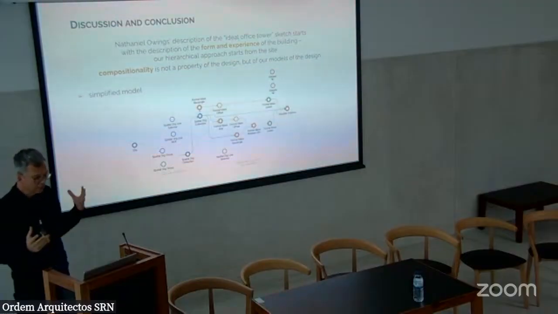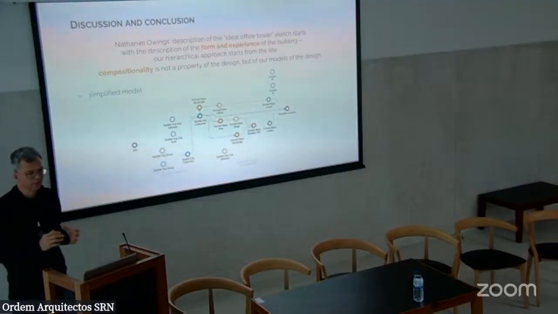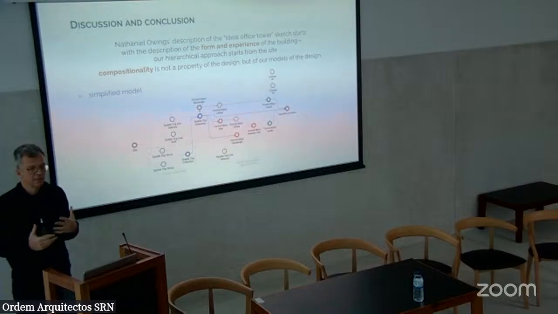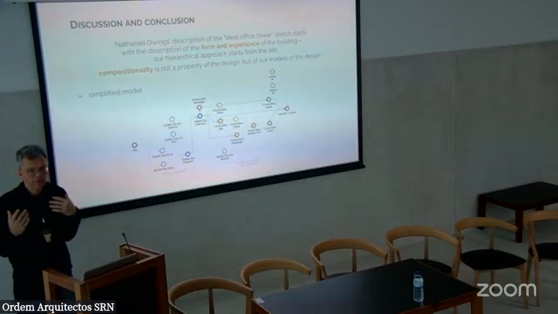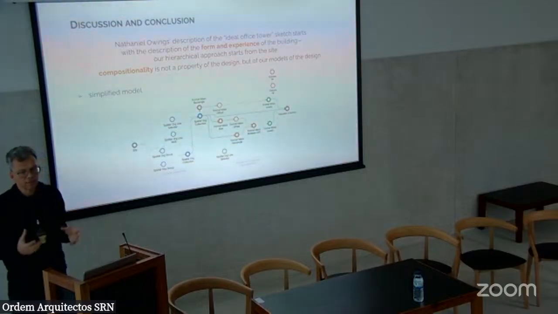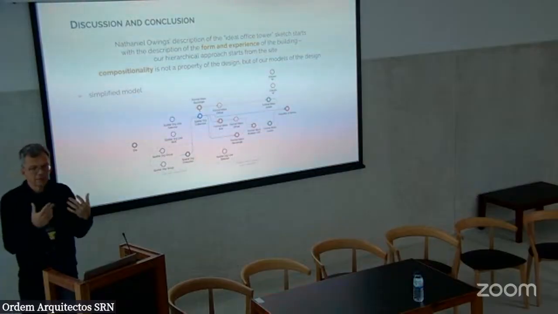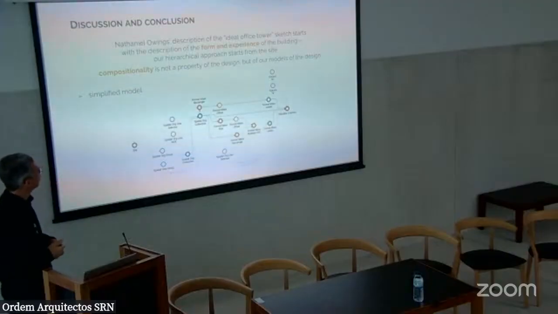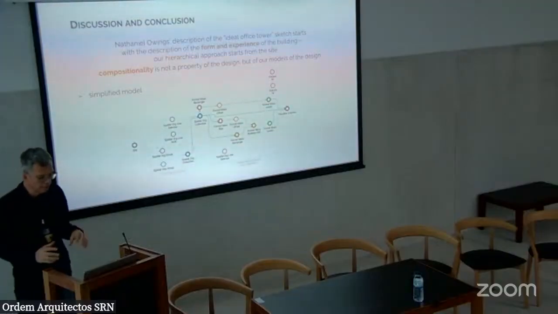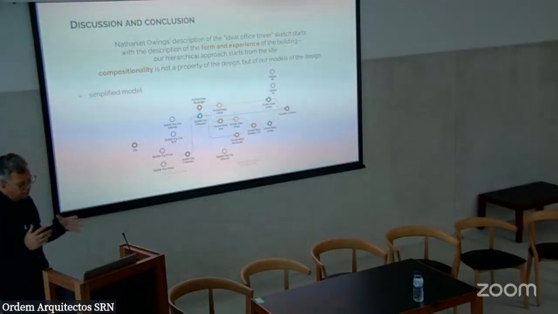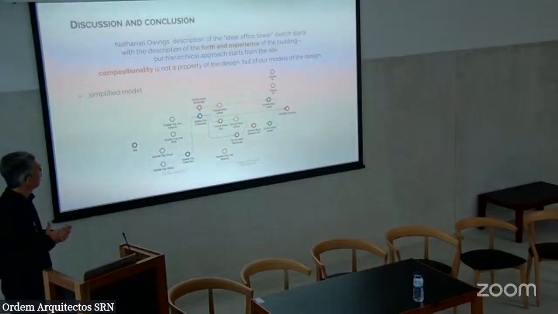We took this hierarchical approach starting from the site because it made it a lot easier, but it's not impossible to imagine that you start from the form and then this is adjusted to the site, so the form can be expressed with or without a grid, and then the grid adjusted to the site, or the form adjusted to the grid, whatever.